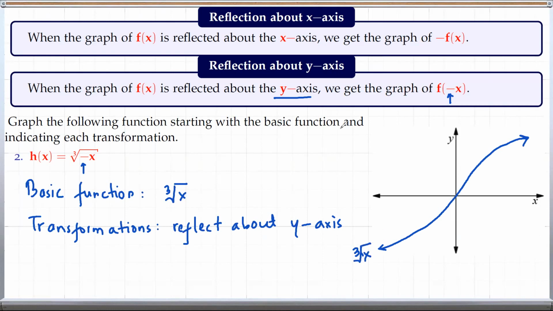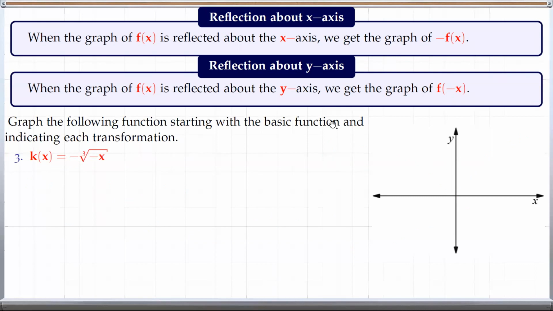And since we have negative x, we just reflect it about y-axis. So this point will go over here. That point will go over here. So it looks something like this one. So when you reflect about y-axis, this is the graph of cubic root of negative x.